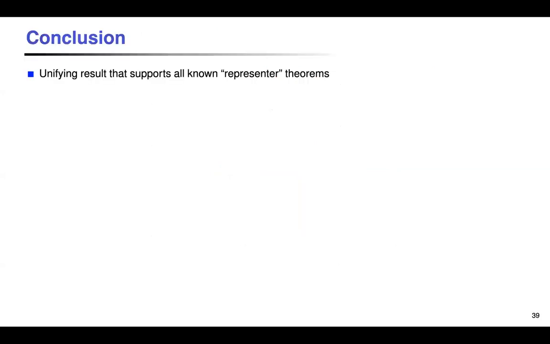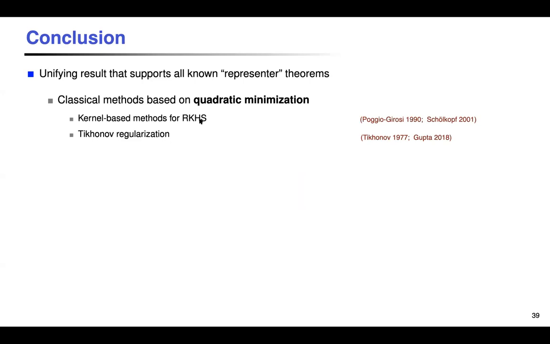Okay, conclusion. I presented to you a unifying result that supports all known representer theorems, at least a good subset of them. It's compatible with classical methods based on quadratic minimization.